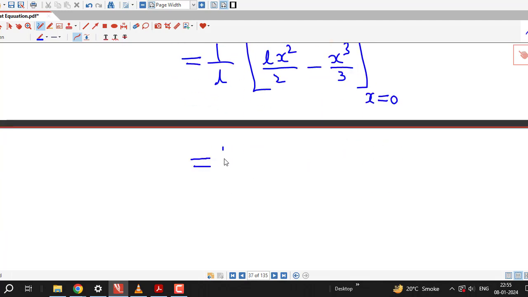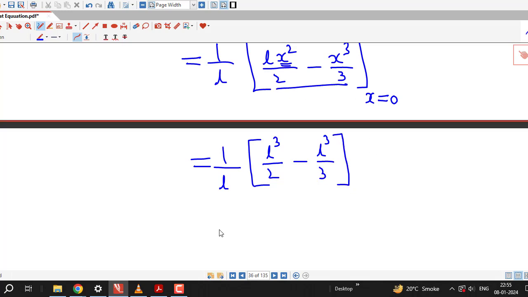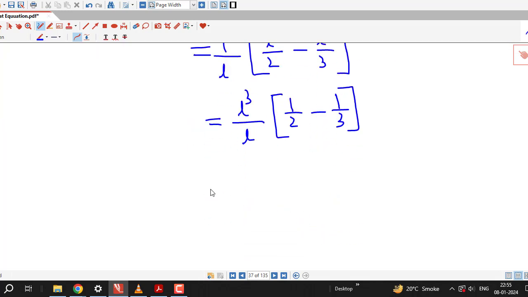If we take x equal to L here, I will have L square times L, that is L to the power 3 divided by 2. If I take x equal to L here, then that is going to be L to the power 3 divided by 3, and for the lower limit this is going to be 0, and we can take L cube common, and here we are left with 1/2 minus 1/3, and this turns out to be L square, and here we have 3 minus 2 divided by 6.